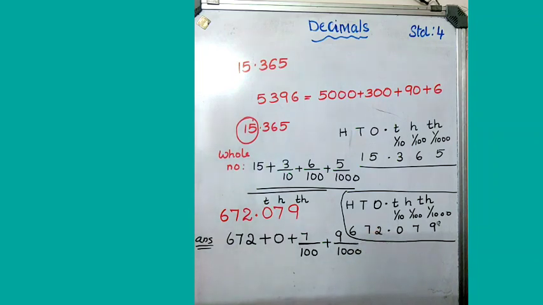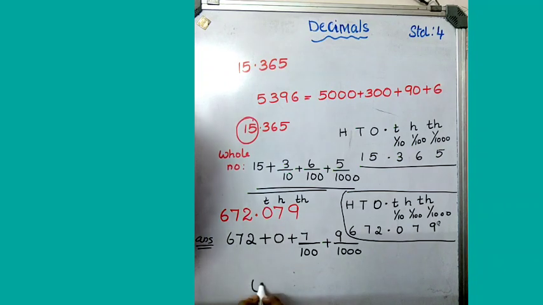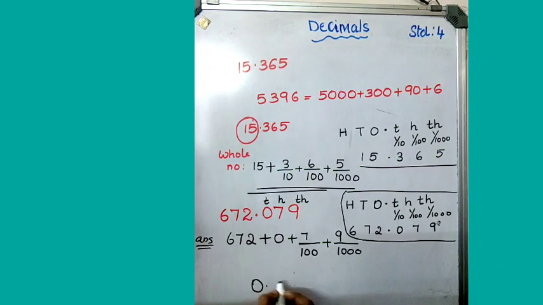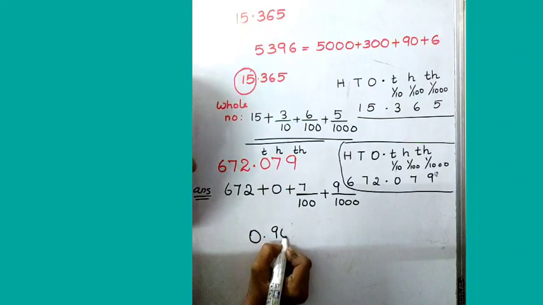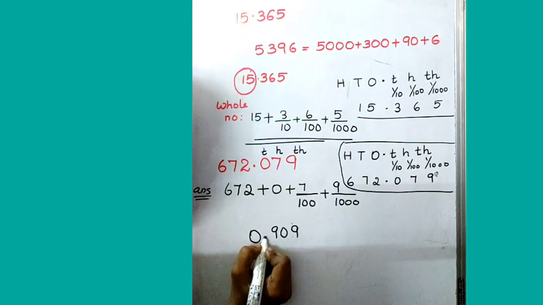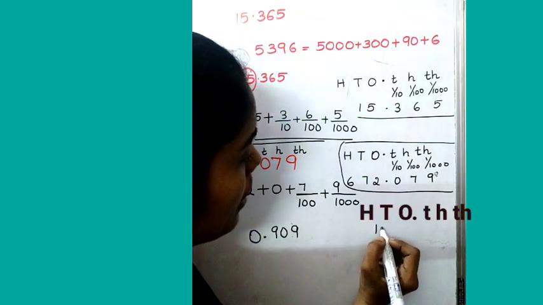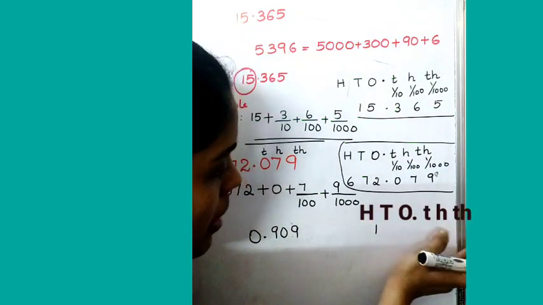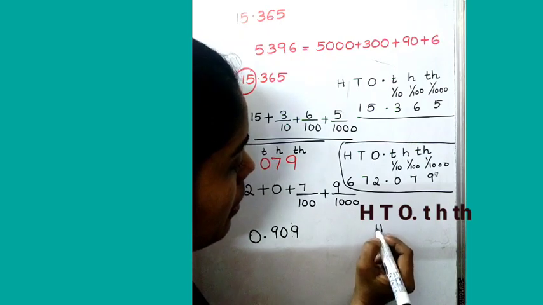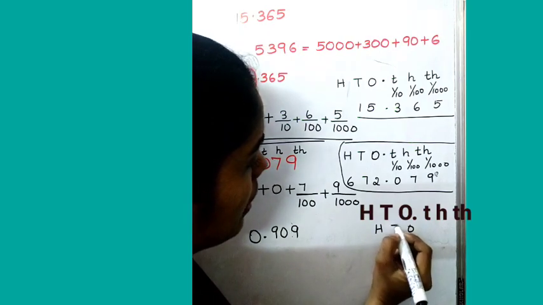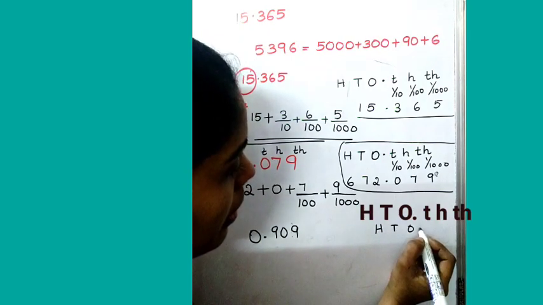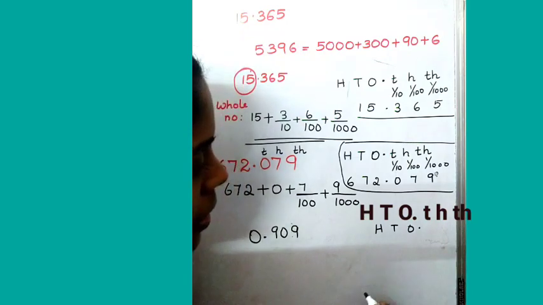Then look at another number, 0.909. Here there is no whole number part. Then how will you find the answer? First of all, you can write the place value chart here. Ones, tens, hundreds. Then put the point.